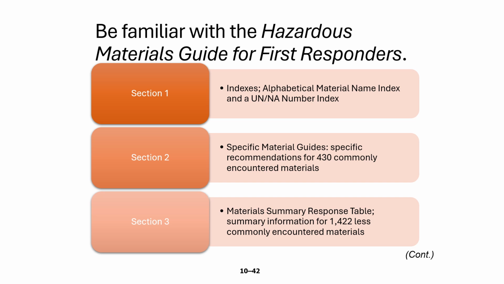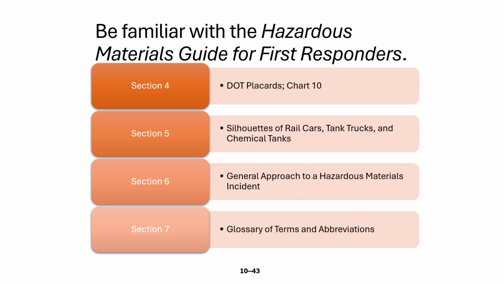There are 7 sections in there. You've got your index, which is your alphabetical UN number index, your specific material guides, your material summary response table, and that helps summarize information for over 1,400 less commonly encountered materials. Section 4, DOT placards.